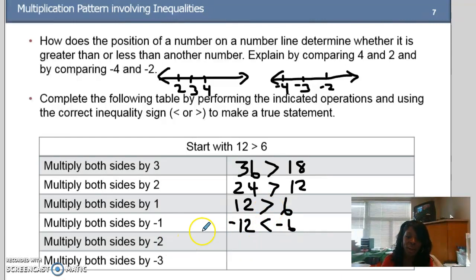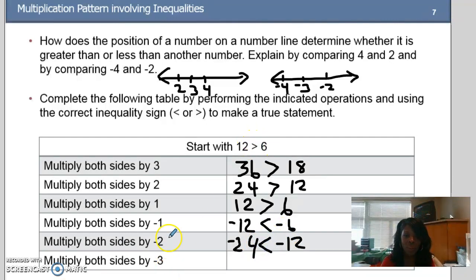Okay, let's do another one. It turns around. -2 times 12 is -24. And -2 times 6 is -12. And is -24 greater than -12? No, it's a smaller number. The absolute value is bigger, but -24, in fact, is less than -12.